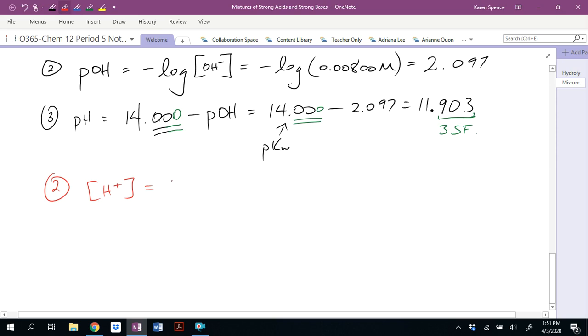Okay, and so we now have Kw over concentration of hydroxide. Because if you remember, Kw is equal to H times OH. Okay?